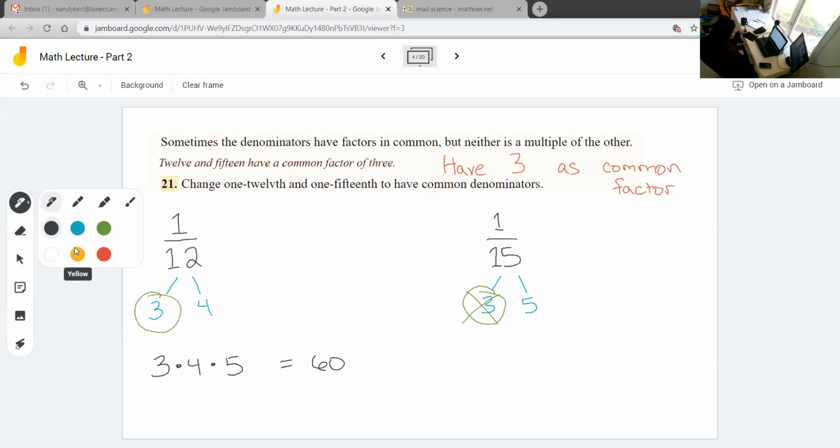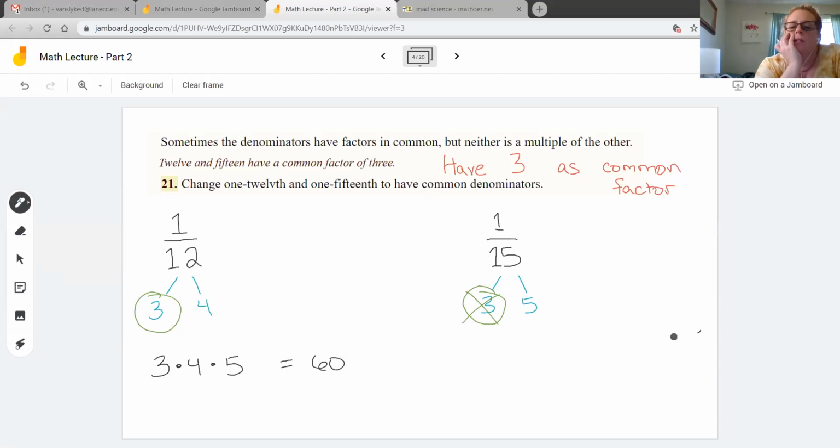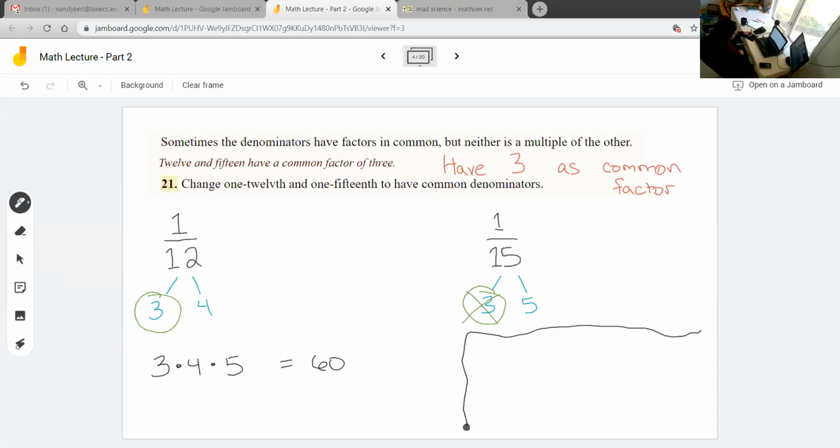Let me write out my steps. Why do you only cross out the second one? Because that's just how it works. So here's my process. 1, factor trees.